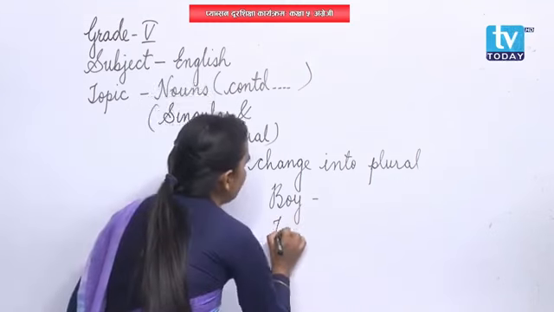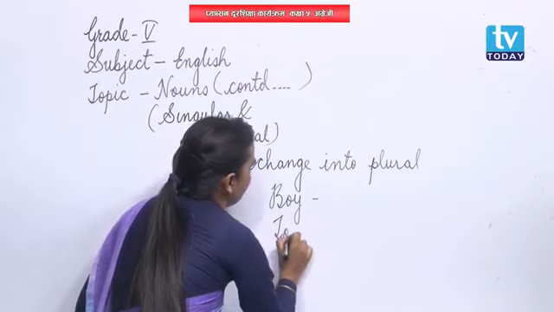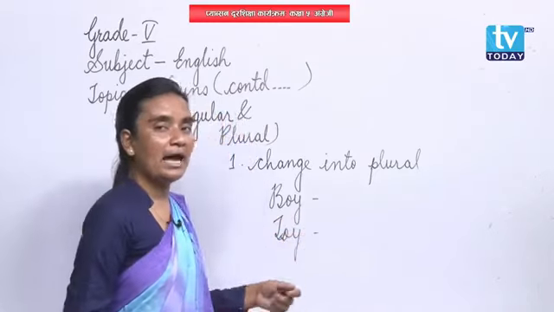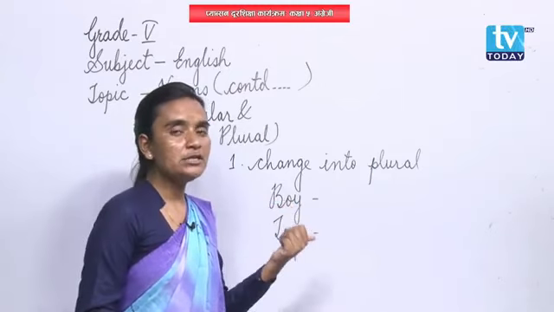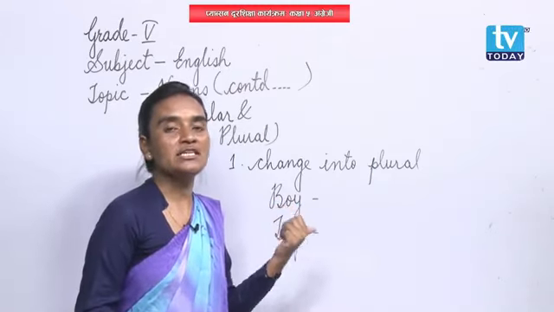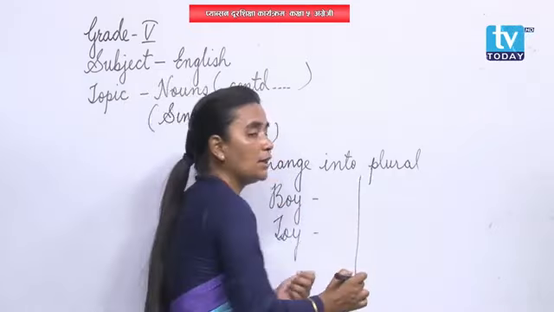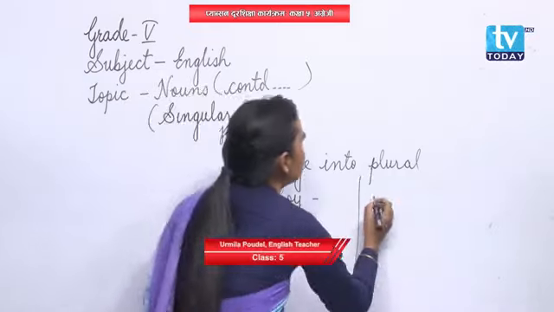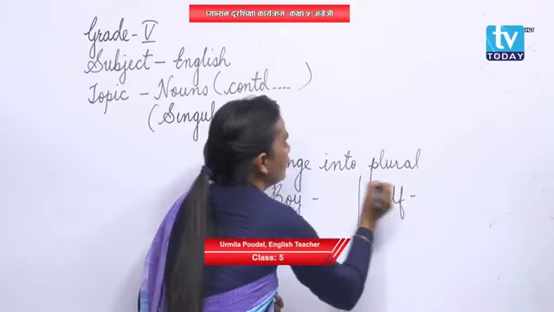And similarly, we have toy. The very common example I gave you at the time of exploring the first rule. The next word is CALF, calf.